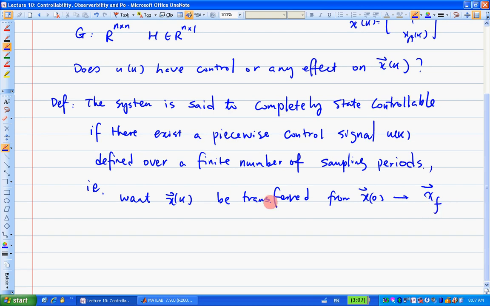That's basically what it means: given a set of u of k, and this xf will be the final state.